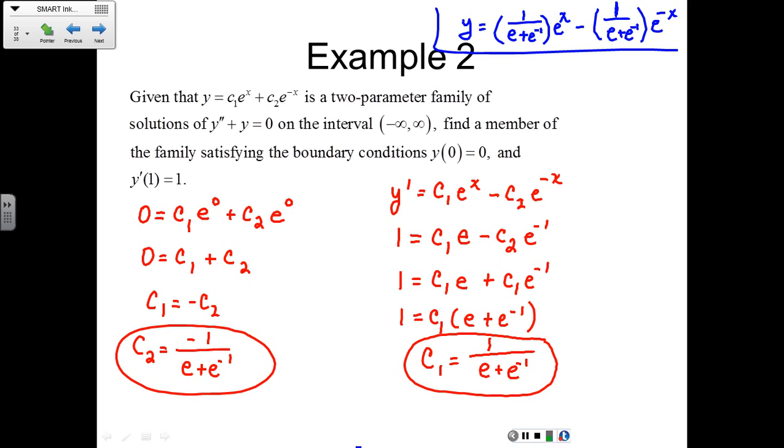Now, what's going to happen as you solve higher order differential equations? They're going to be a combination of functions that are called linearly independent functions. In this situation, e to the x and e to the -x are an example of linearly independent functions.